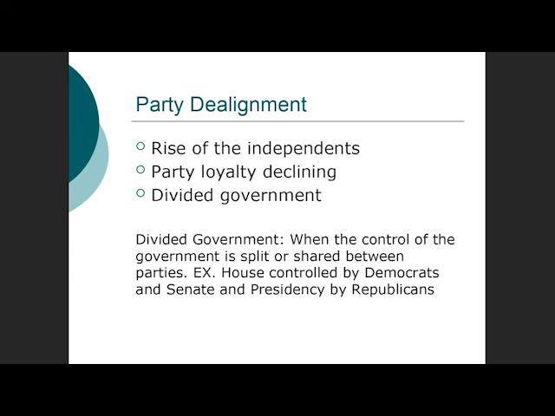When you have that, it's hard to get things done. And that's a reflection of the voters not being consistent on who they're identifying with, because the parties haven't given them enough to help them solidify behind one side or the other.